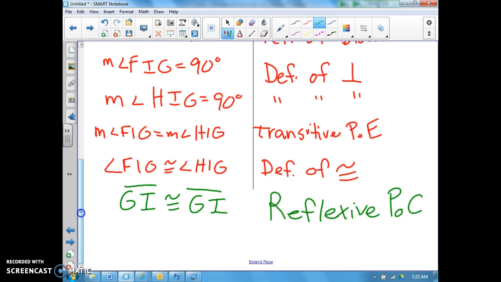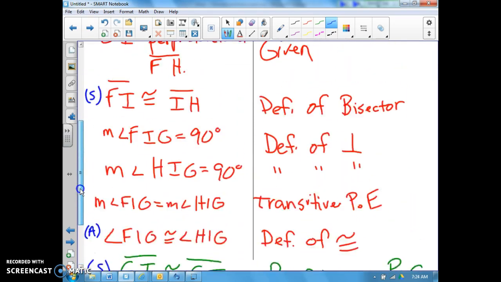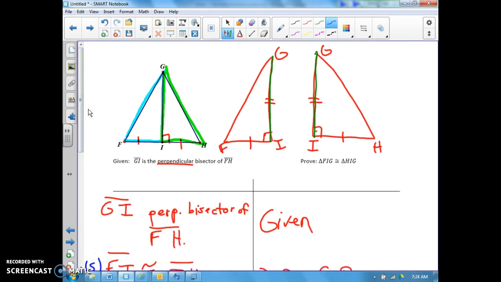Now let's go through and see what pieces of the triangle we've managed to prove congruent. GI is a side. FIG and HIG are both angles. And FI is congruent to IH, that's a side. Question is, do we have SAS, the angle between the two sides?